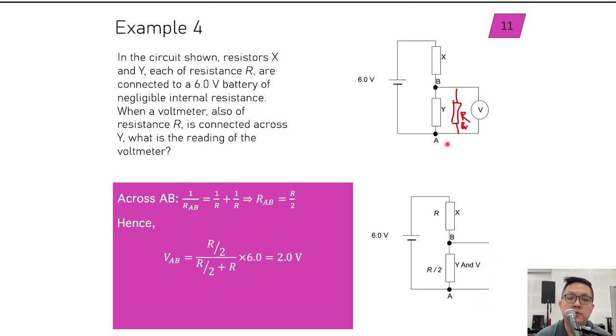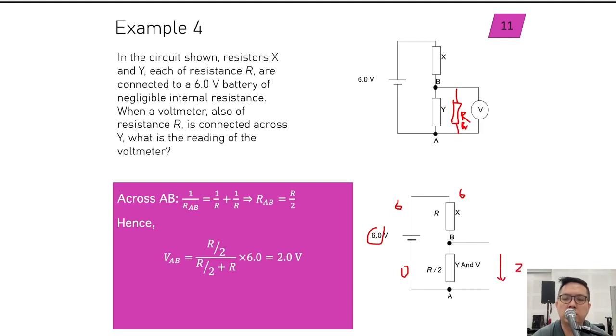So this means that at the starting here, this is 6 volts. That means this end is at 6, this end is at 0. Then this end is at 6. We know that this drop is a 2 volt drop.